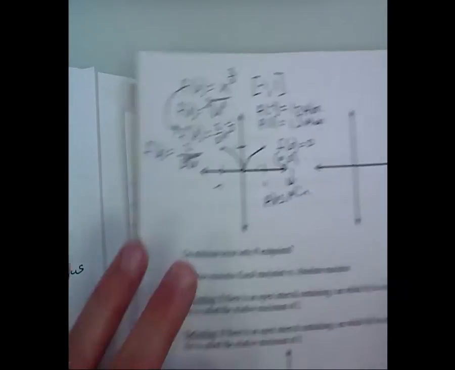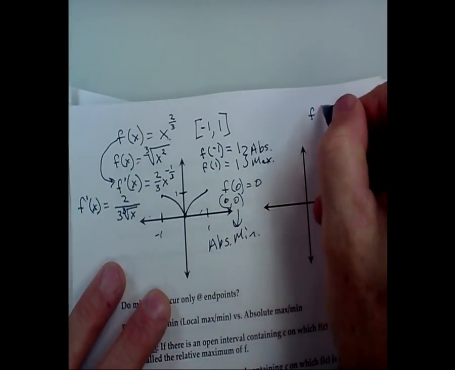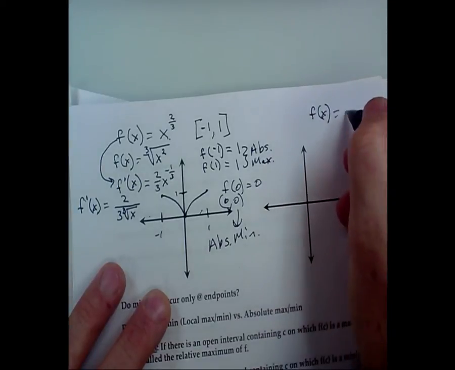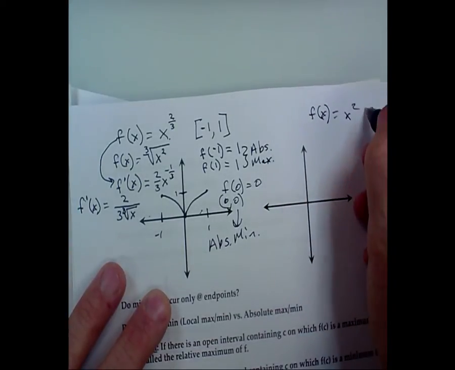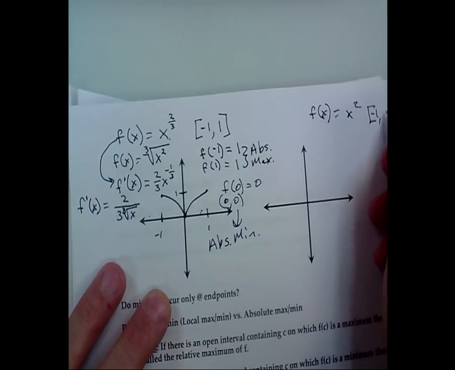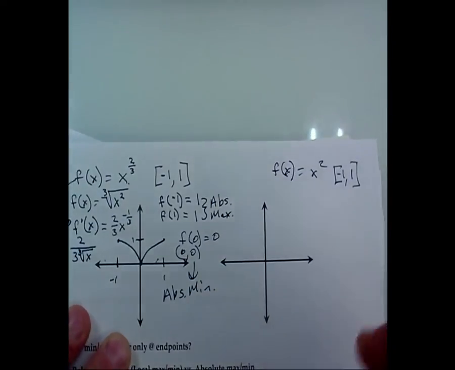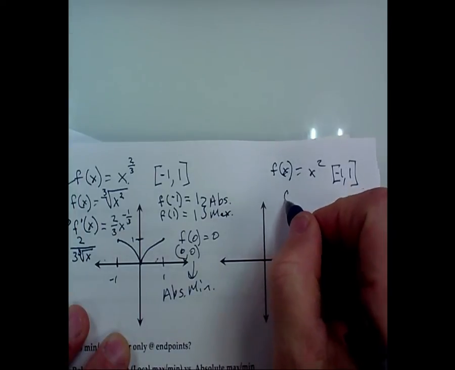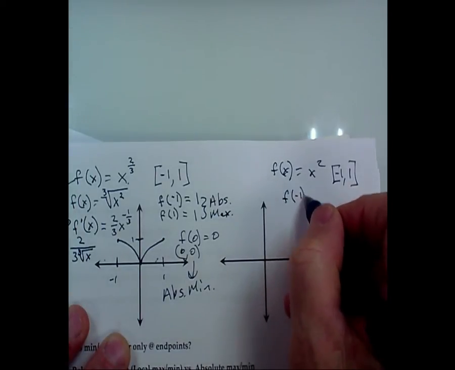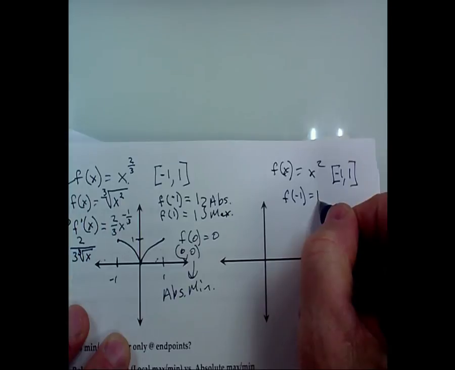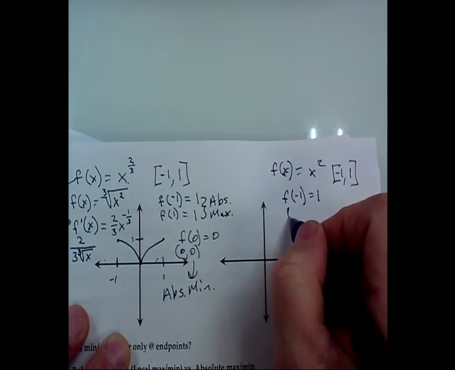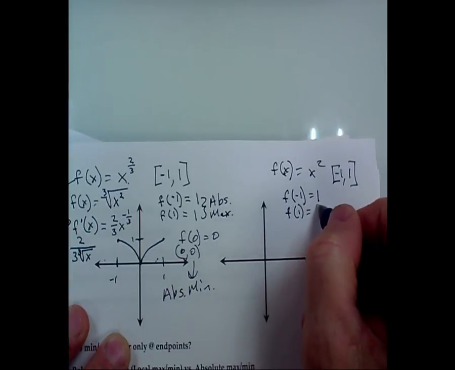Let's look at this. f of x equals x squared on the interval -1 to 1. So, like Josh said, you check the endpoints. So am I going to put a -1 in there? I'm going to get 1, correct? If I put a +1, I get 1.